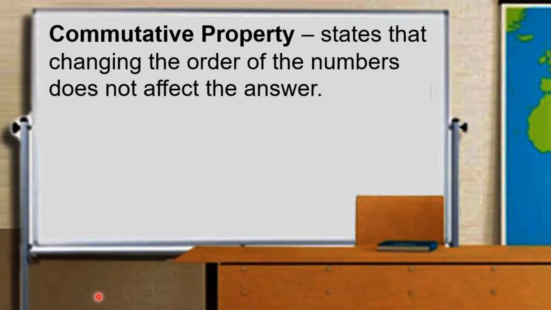Let's have some examples of commutative property. So first, let's have addition. 7 plus 3 equals, and then change position yung addends, kaya naging 3 plus 7. Tignan natin kung same lang. 7 plus 3 equals 10, and then 3 plus 7 equals 10. So, same lang siya.